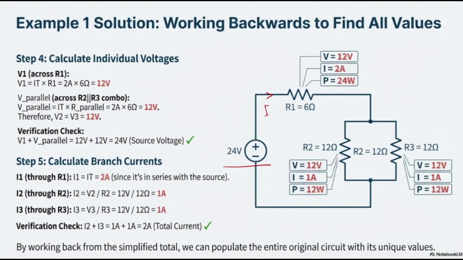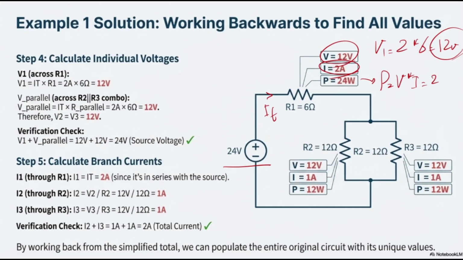I do know that I total is 2 amp, right? So check. Then I would like to find V1, the voltage drop over the first resistor. It would be 2 multiplied by 6, which is 12 volts. Check. Then I would like to find the power, P, which is V times I. This is going to be 12 times 2, which is 24 watts. Check. I do have everything that I need.